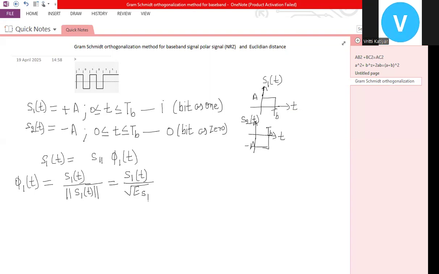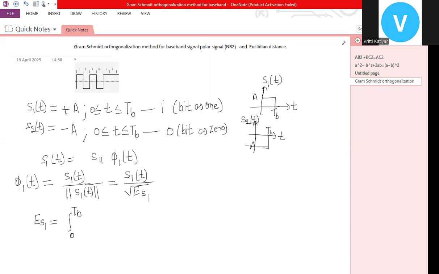Now, what is the energy E for the signal S1? It is calculated as E1 equal to the integral of the signal present between the duration 0 to TB.